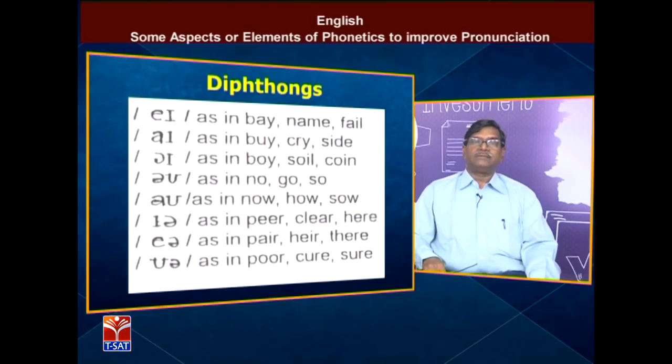When we utter the word bay, name, fail, it starts with the sound A and ends with the sound E. Day, D-A-Y, day; F-A-M-E, fame; G-A-M-E, game. In English, we don't have a pure A sound; instead, we have this diphthong, as in bay, name, fail.